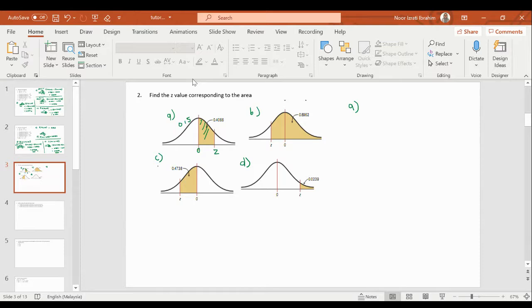So left side of the 0 is 0.5, right side also 0.5. From here, we should know that probability when Z less than Z is equal to 0.5 plus 0.4066, which is 0.9066. So we have to find the value of Z for the probability of 0.9066. From the table, the Z is actually 1.32.